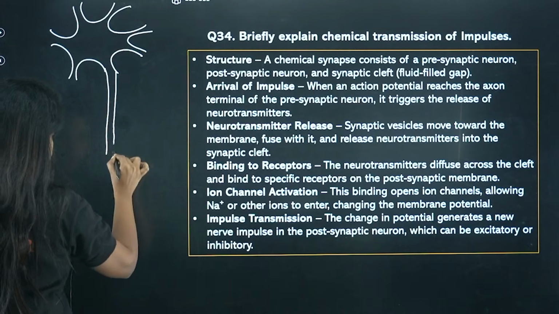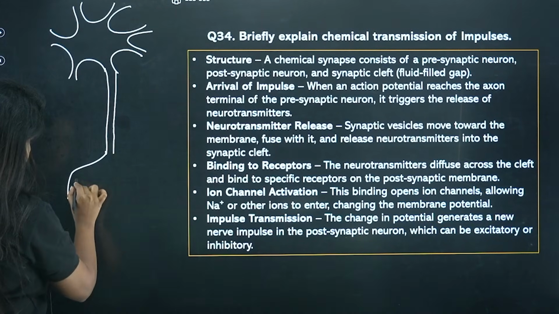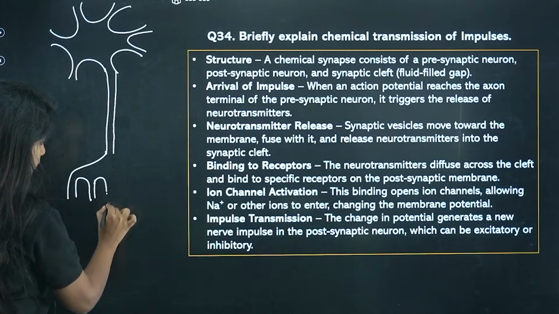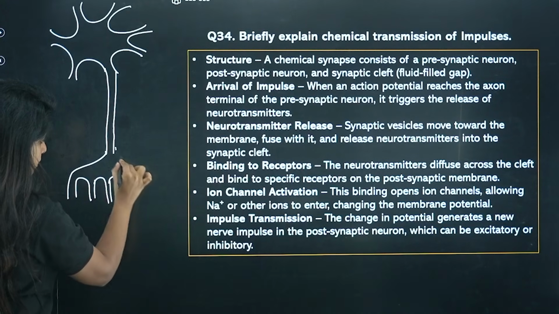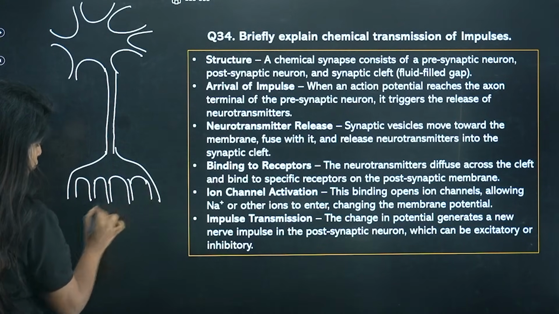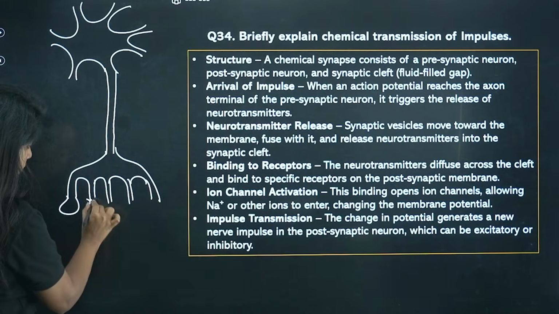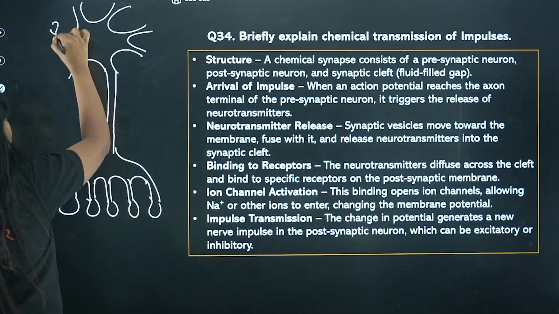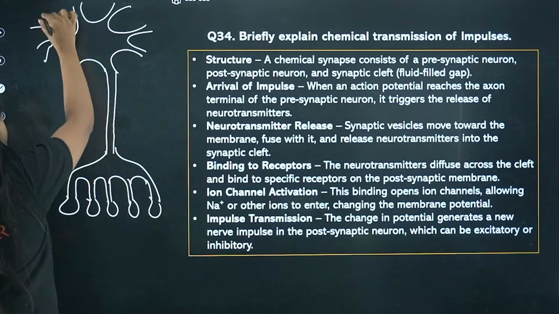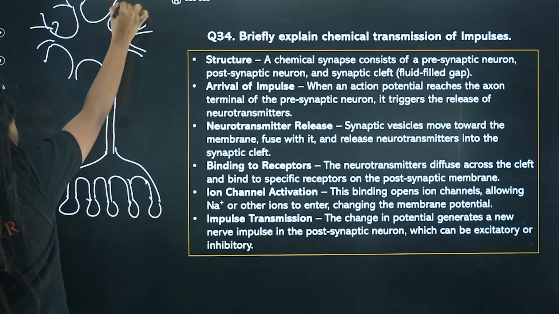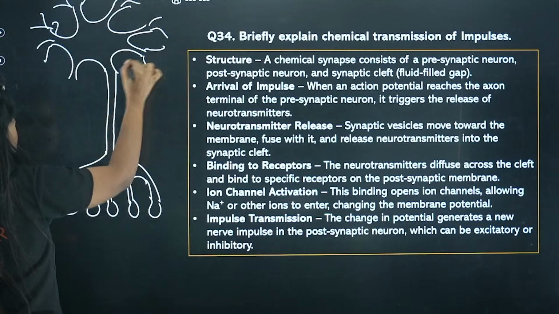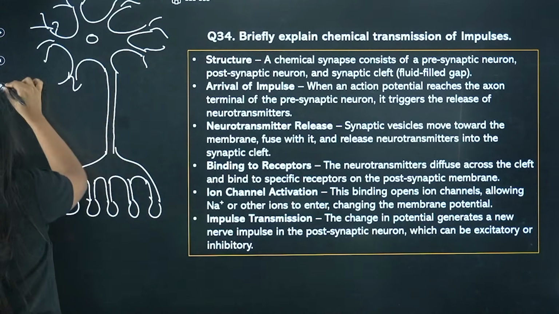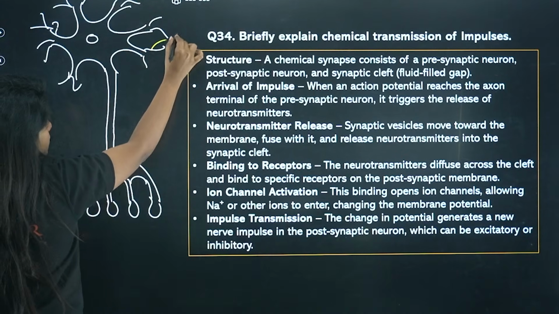So I'm making a very small neuron right over here because, as I said, timing could be an issue. These are your dendrites.